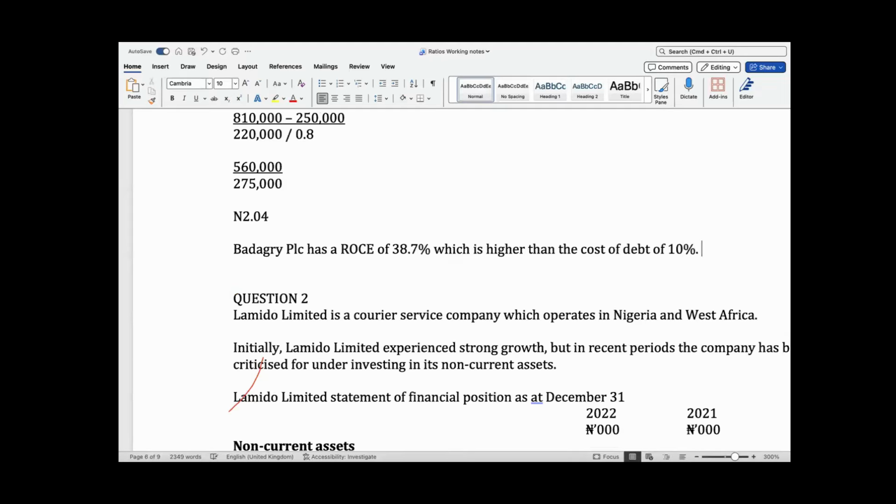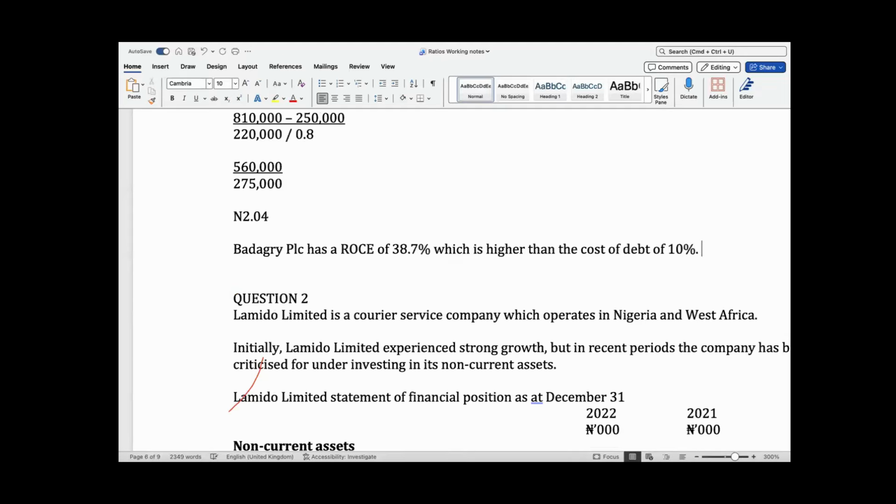Though the debt has started increasing year on year, and if this trajectory should continue, its gearing ratio will continue to increase, which will then indicate a high financial risk.